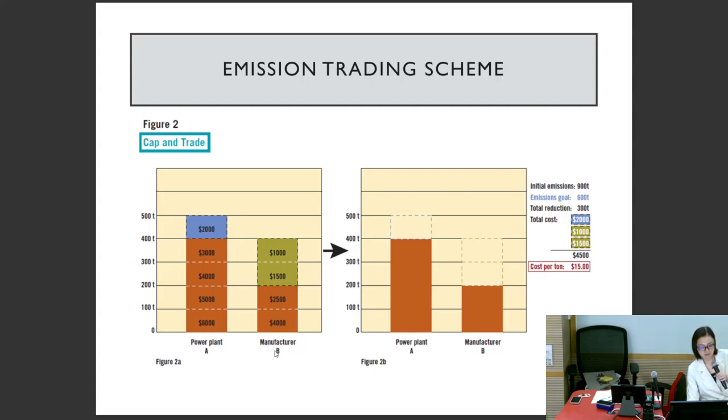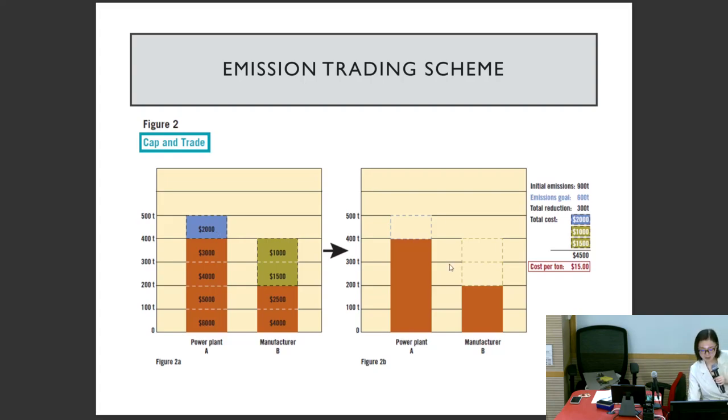Then manufacturer B will spend $1,000 and $1,500 for reducing their emissions, and then they may sell the emissions allowance to power plant A, or maybe selling to other companies. And for power plant A, they may reduce 100 tons by spending $2,000.